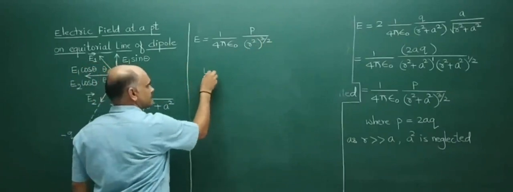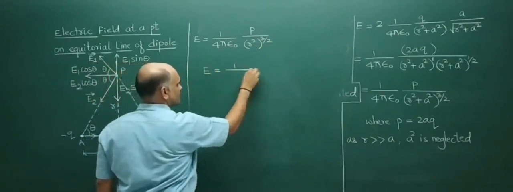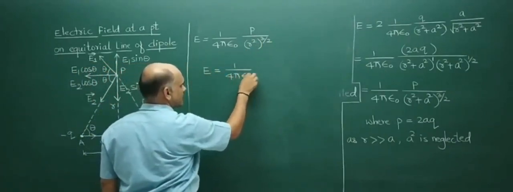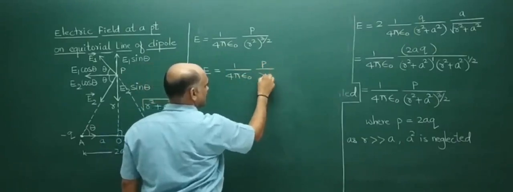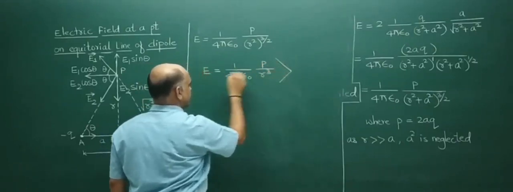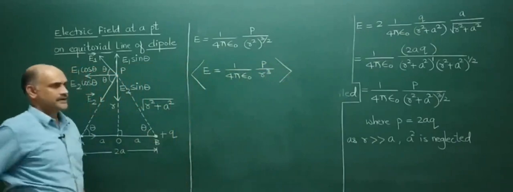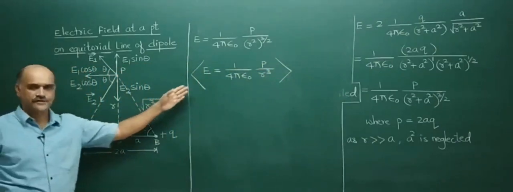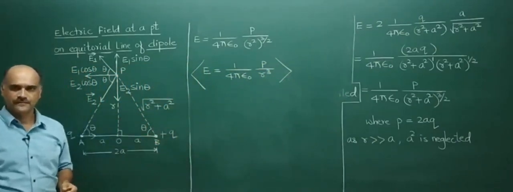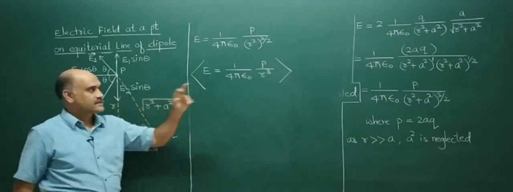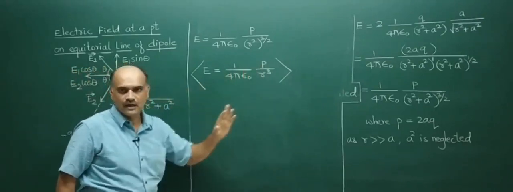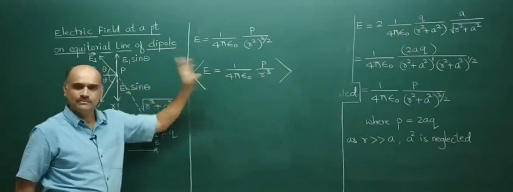So the final expression is E is equal to 1 by 4 pi epsilon naught p by r cube. This is the expression for electric field. So along the axis you had 2p, along the equatorial line you will have p.